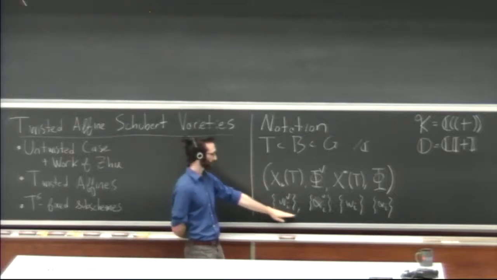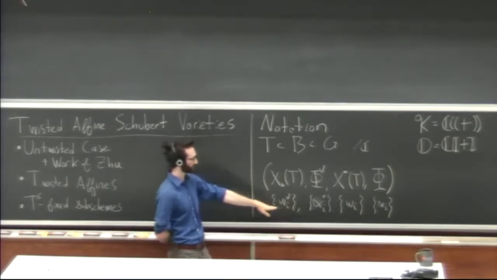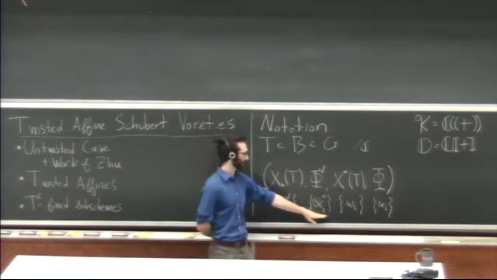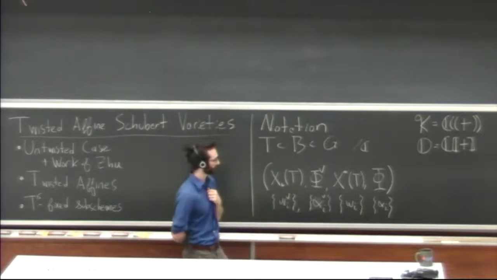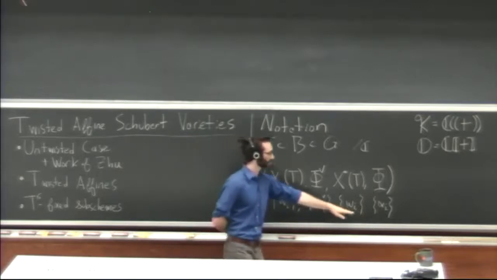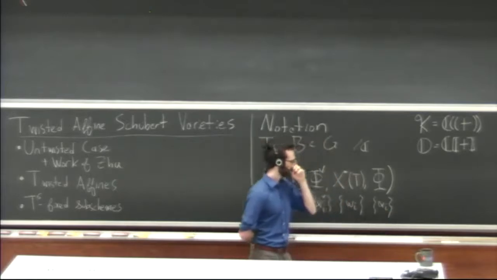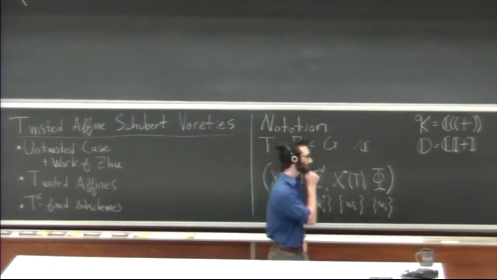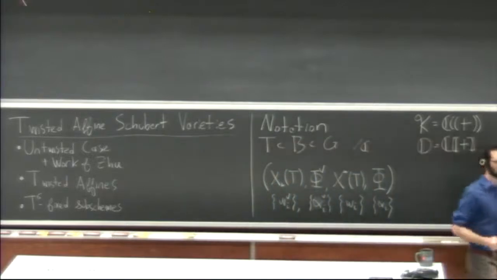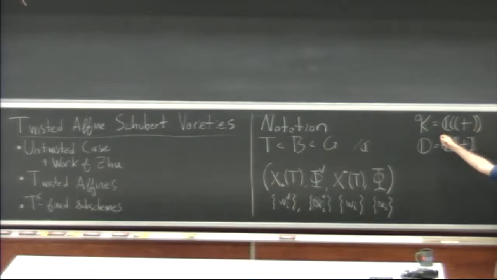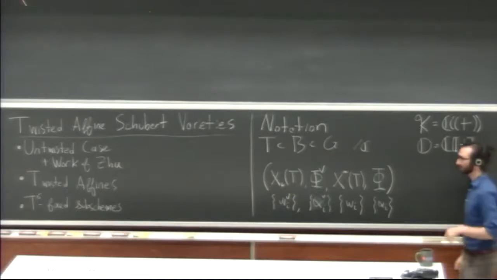So I'll use the omega I checks for the fundamental co-weights, the alpha I checks for the simple co-roots, the omega I's for the fundamental weights and the alpha I's for the simple roots. And then I'm going to be working with the field of formal Laurent series. This will be denoted by K, and then O will be the ring of integers. So this is a formal Taylor series. This is the notation that I'll be using.